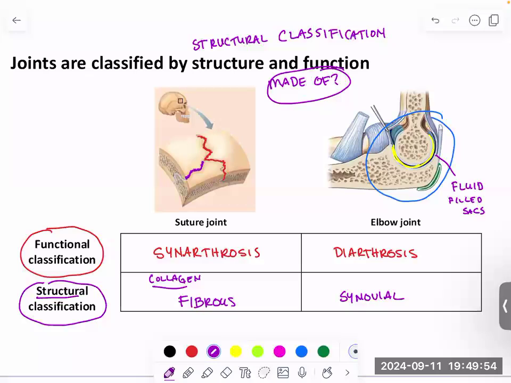So the elbow is a diarthrosis functional class and synovial structural class. The suture is a synarthrosis functional class and a fibrous structural class. Every joint has two classifications. How much does it move? What it's made of.